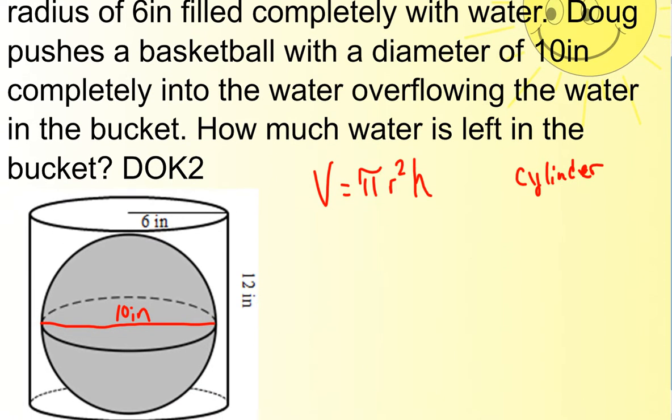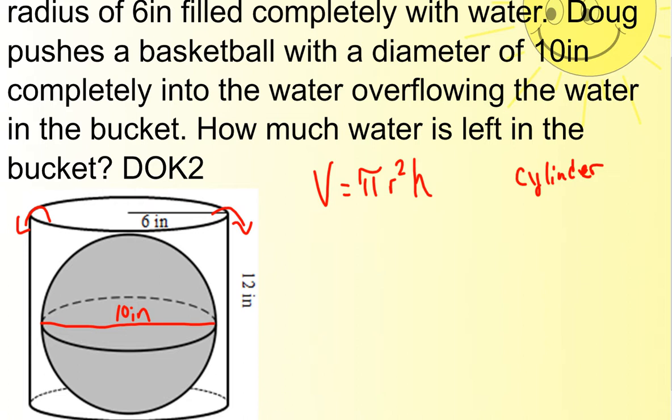Okay. Now, after you push the ball in here, some water is going to overflow. It's going to spill out over the sides. The amount of water that would overflow would be the volume of the sphere. So if we figure out how much space the sphere takes up, the basketball here, that would be the amount of water that was pushed out of the bucket.